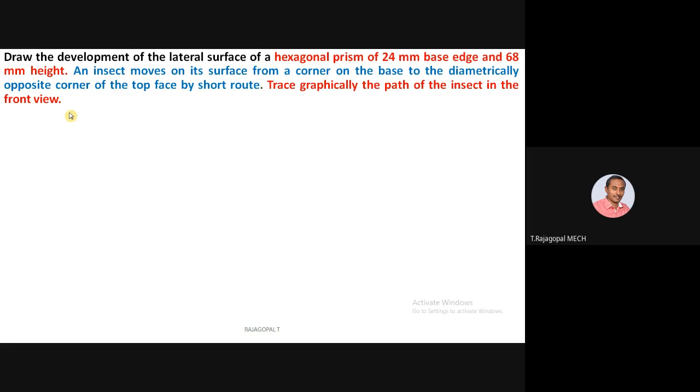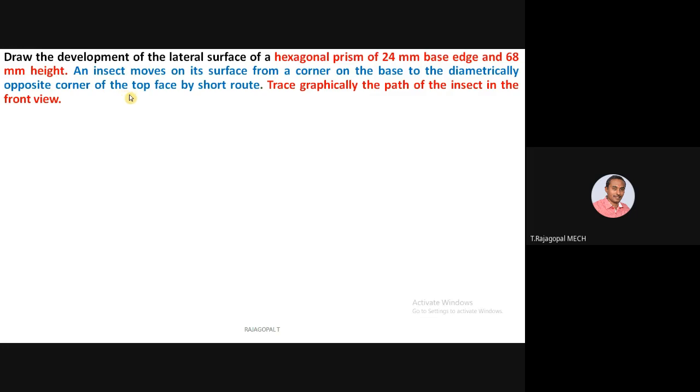Now, there are two positions of the hexagon possible. One where an edge is parallel to xy, another where an edge is perpendicular to xy. How can we fix one of the positions from these two? You see, the insect moves on its surface from a corner on the base to the diametrically opposite corner of the top face.